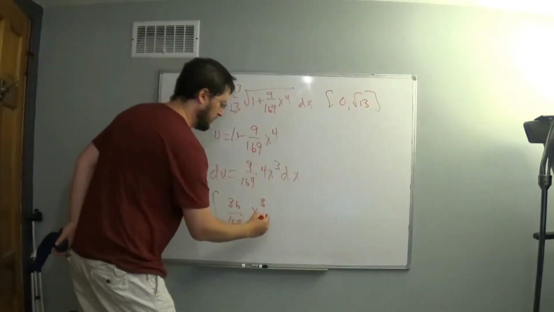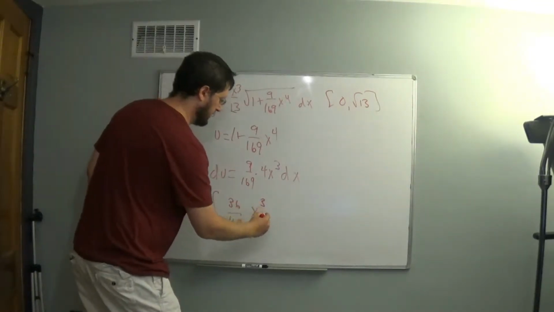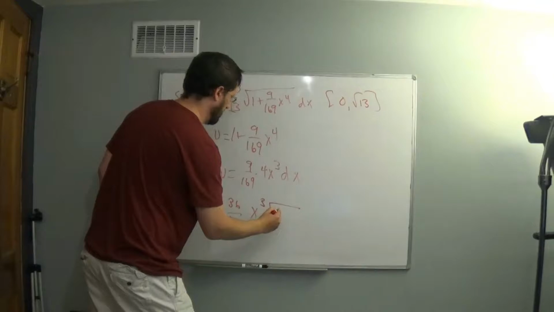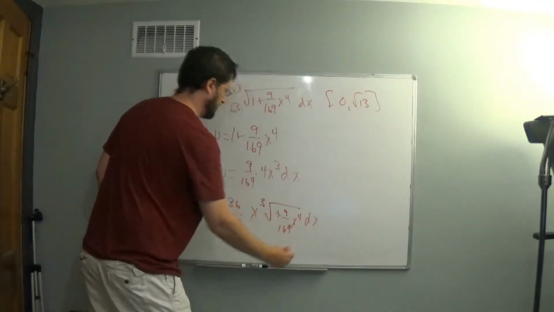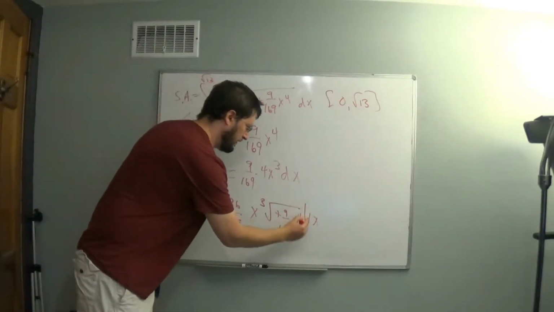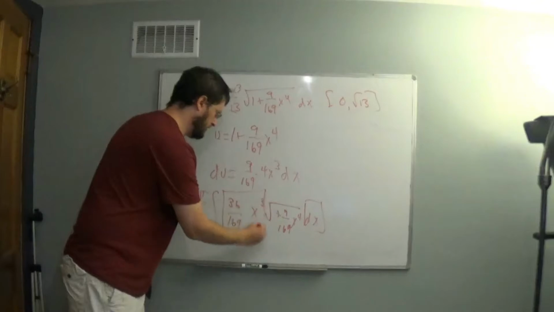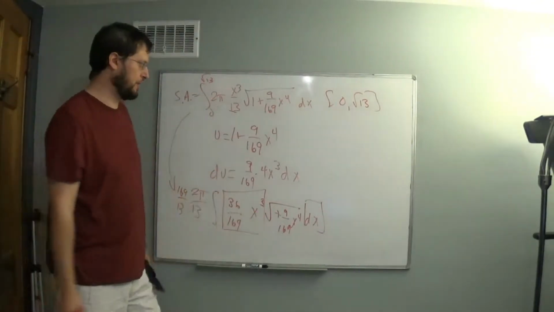And then this becomes square root of u. So I'll leave it as it is right now, square root of 1 plus 9 over 169 x to the 4th dx. And now the point is that this stuff together is du, and this is the square root of u.